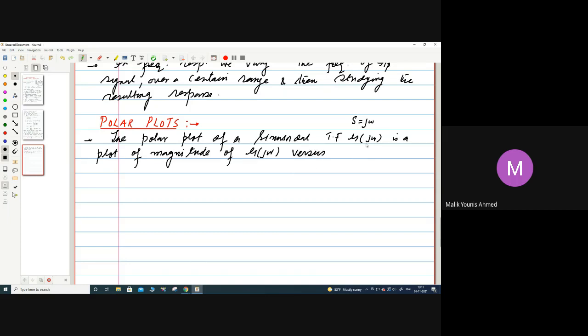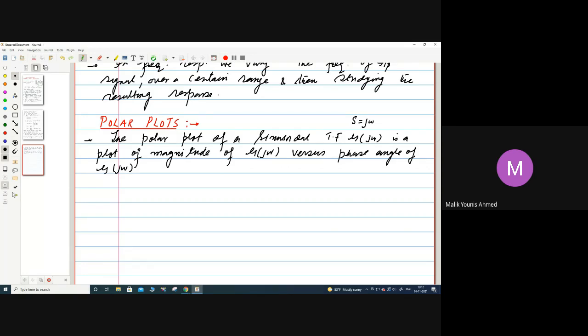Versus the phase angle of G of jω. So this is the magnitude of the transfer function. Which transfer function? That's the sinusoidal transfer function. Against what do we have to plot it?